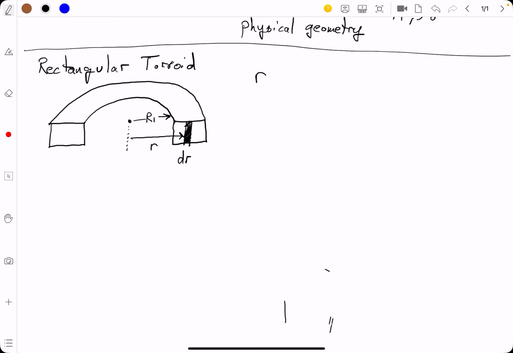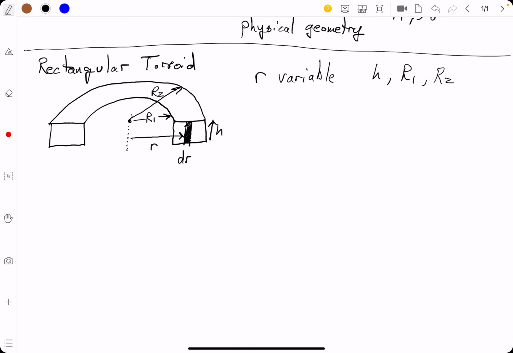So r is our independent variable, right? All right. And of course, this height isn't going to change, so that's a constant. And R1 is a constant. That's the inner. And our outer, of course, we have an outer to here. That's our R2. That's not going to change.